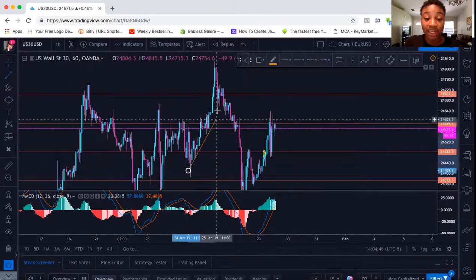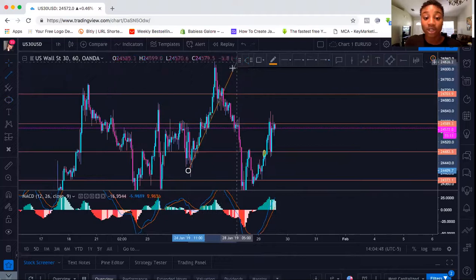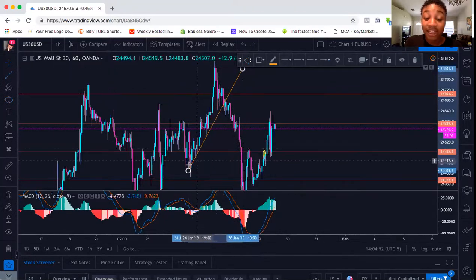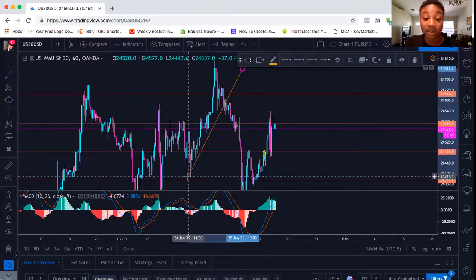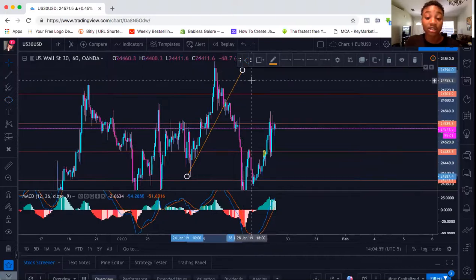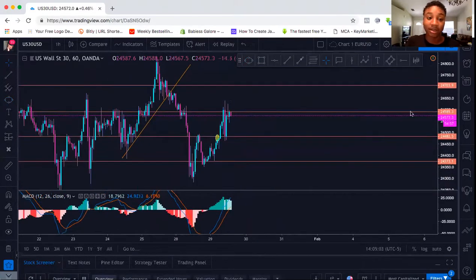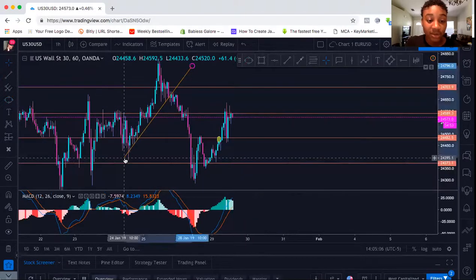I drew this trend line here because remember, you've got to draw your trend line. I could have even taken this on Sunday, but I was like, you know what? I'm not even going to trade Sunday. But I could have taken this Sunday because I had the confirmation. Oh, this was amazing. Imagine if I would have taken it on Sunday. Okay, so anyways, I drew this trend line right here because it was an uptrend.